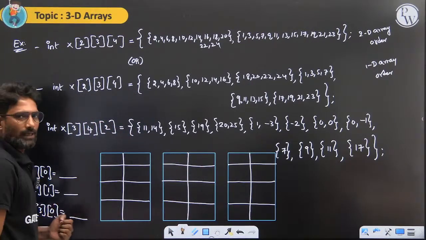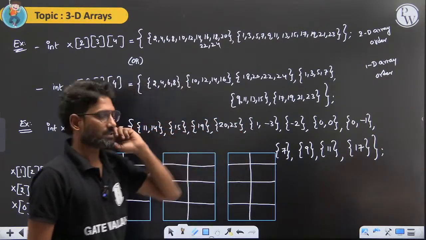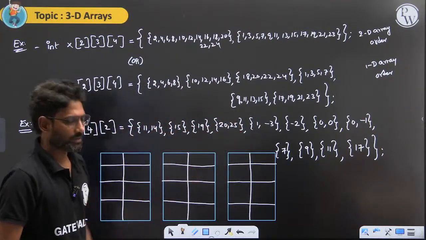Now what I said, we can also assign the values in 1D array sequence. So this is what 1D array sequence we have got.